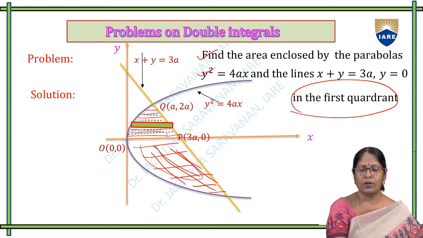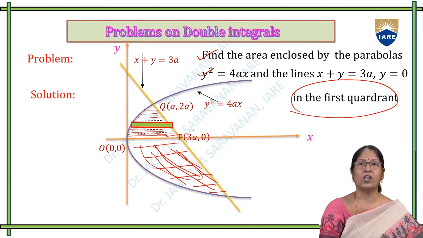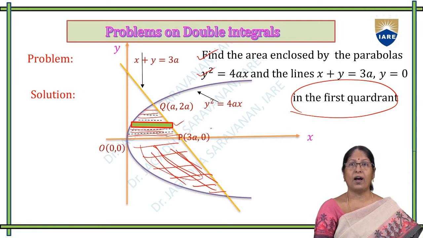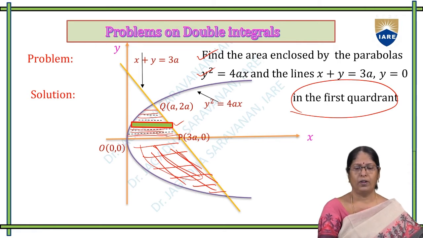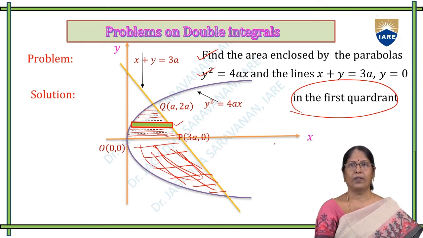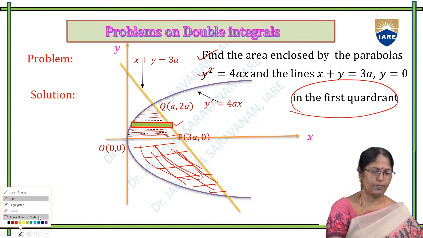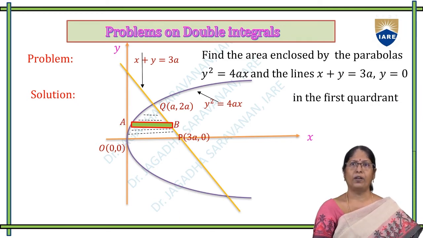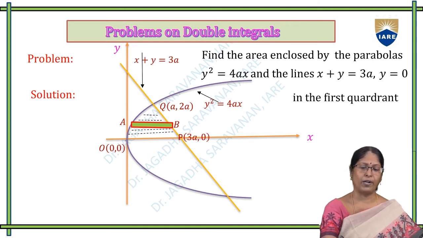And we have drawn a horizontal strip in the x direction. This horizontal strip we have named AB. With this we are going to evaluate this particular region.